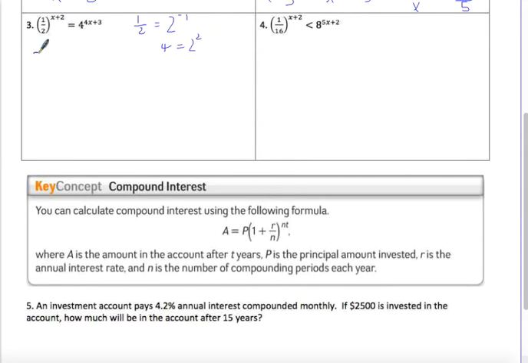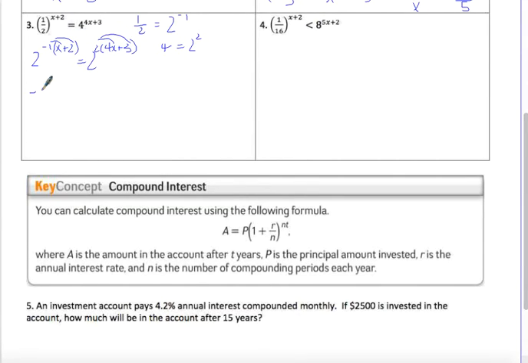So this is 2 to the negative 1 times x plus 2 equals 2 squared to the 4x plus 3. And now we have the same base, so we can just set the exponents equal. And I'm going to go ahead and distribute.